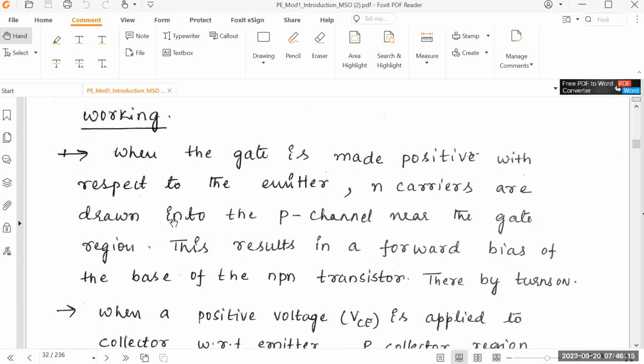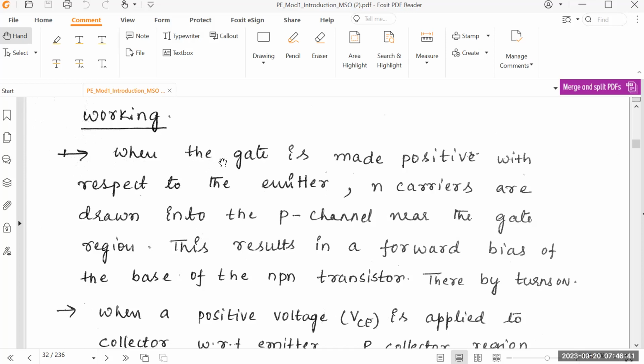So it is written here that when the gate is made more positive with respect to the emitter, N carriers are drawn into the P channel near the gate region. Because more positive means it is full of positive charges, holes. Since the gate terminal is made fully positive, it is full of holes, and we know that opposite charges attract.